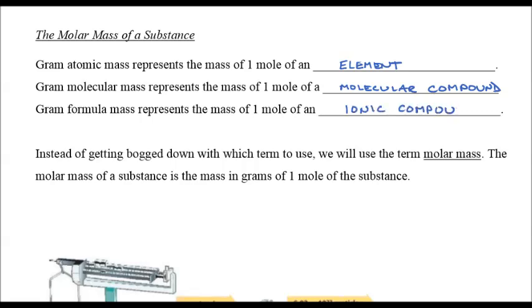And then we're going to make life easier. We're not going to get bogged down with which term to use. We're just going to use the term molar mass. The molar mass of the substance is the mass in grams of 1 mole of the substance. So the molar mass of helium is 4 grams per mole.